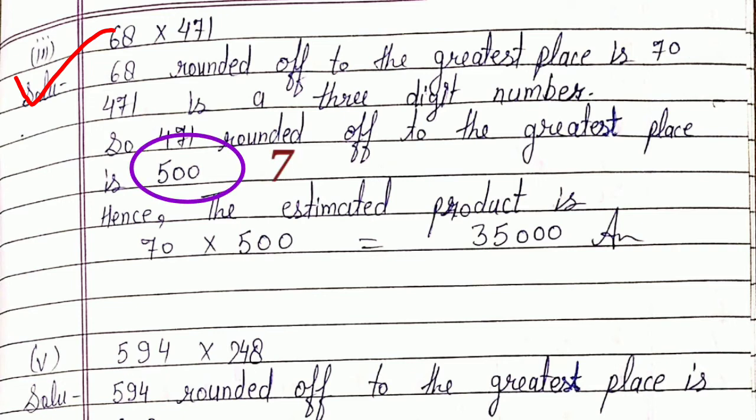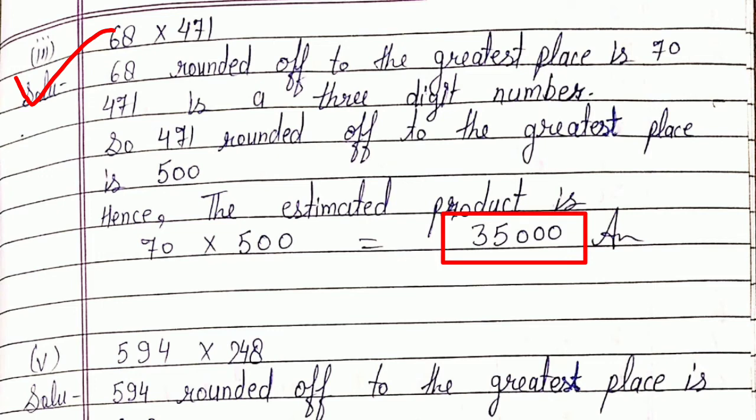Here 7 is greater than 5, so we will add one to the rounding place, that is 4. Hence the estimated product is 70 multiply 500, which is equal to 35,000.